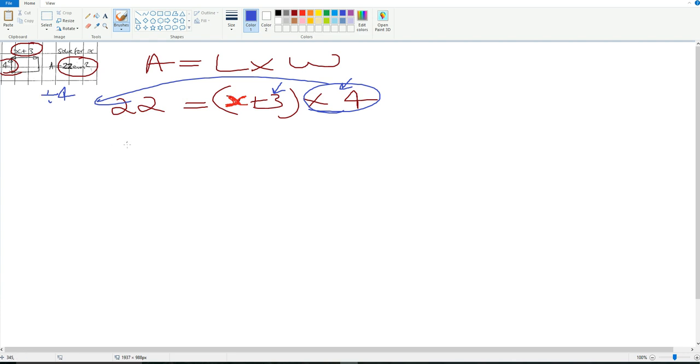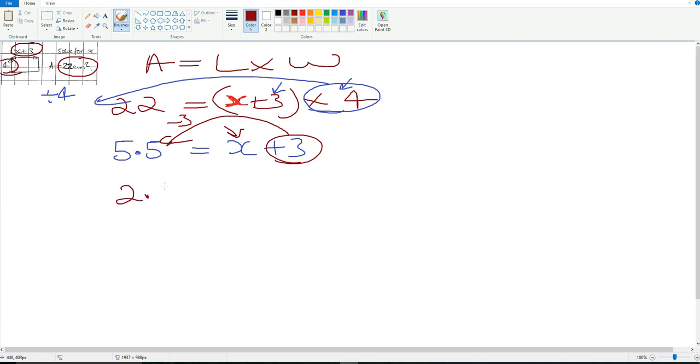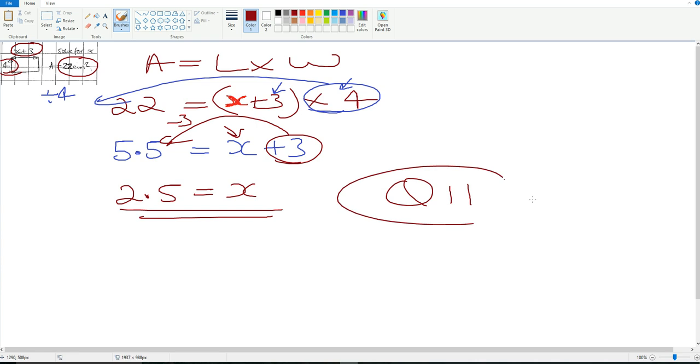So 22 divided by 4 will give us 5.5. So we're left now with x plus 3. Now I've got to work out the x. I've got a plus 3 extra, so opposite of add 3 is minus 3. So 5.5 minus 3 will give us 2.5. So the answer to question number 11 is 2.5.